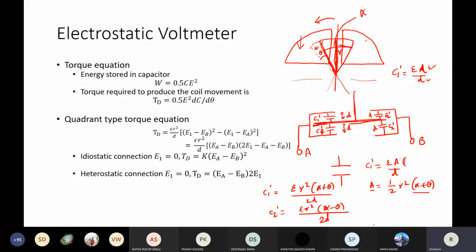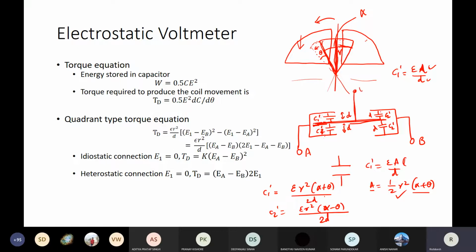Okay. Now you see the C1 dash is the area of overlap between these two, and these two is the same. That is this, and these two and these two is the same. That's why C1 dash and C1 dash both are. Now can someone tell, these capacitances, are they connected in series or parallel?